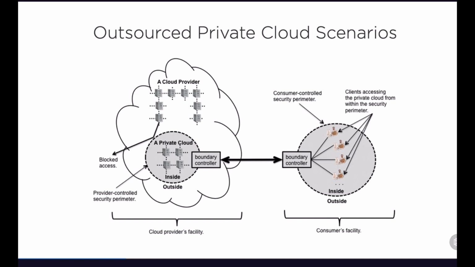But within the facility of the cloud provider is a separated area which is very often physically isolated from the other parts of the cloud service provider's service offerings. And it becomes a separate domain within that cloud provider's facility. It is there for the exclusive use of that consumer organization with its own perimeters, its own access controls, and so on.